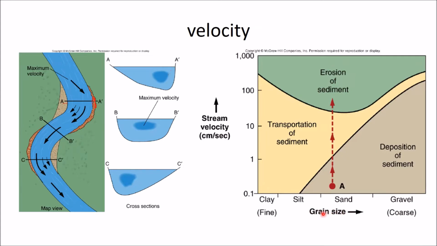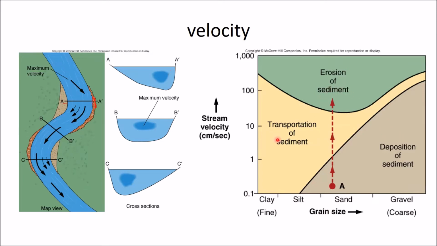So the larger the grain size, the less the ability of transportation. Then normally deposition occurs. Like here, with the stream velocity on the vertical axis and the grain size on the horizontal axis, we can see how the different processes can occur.